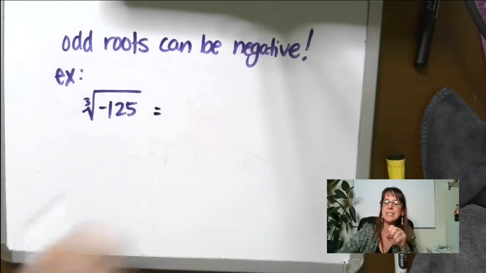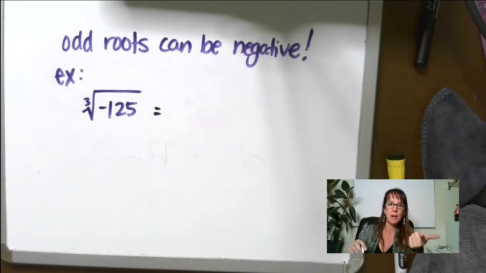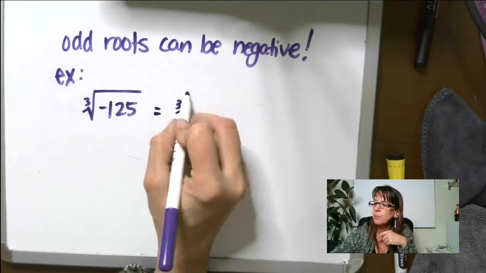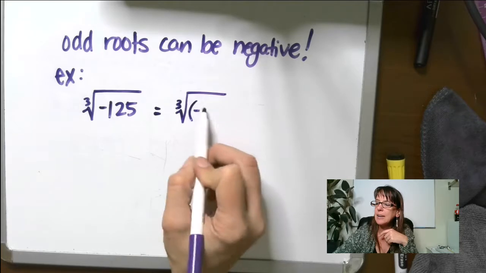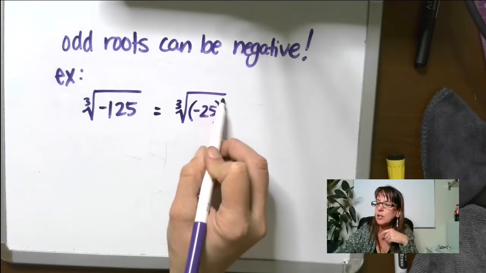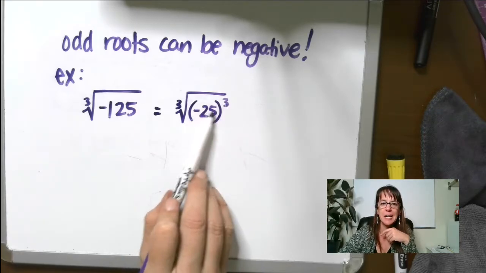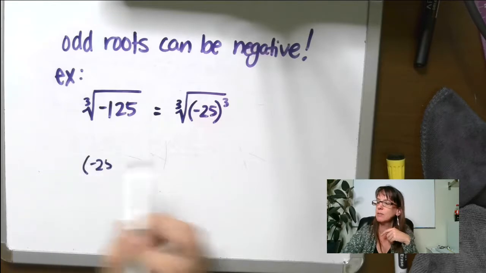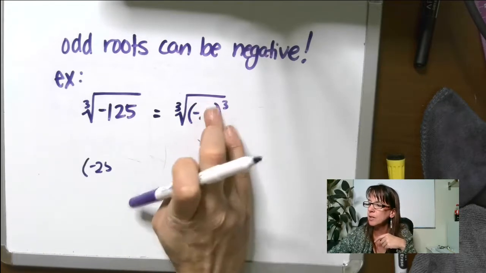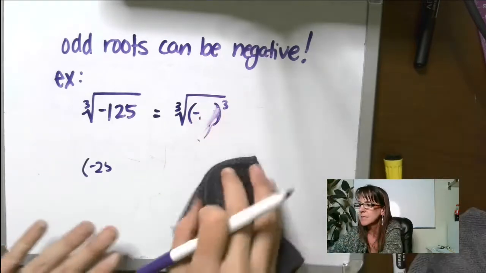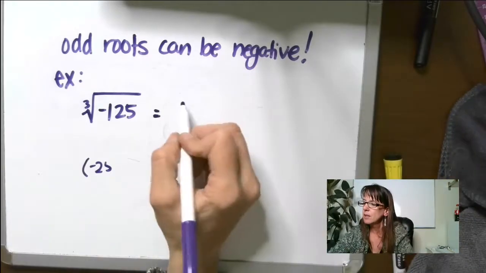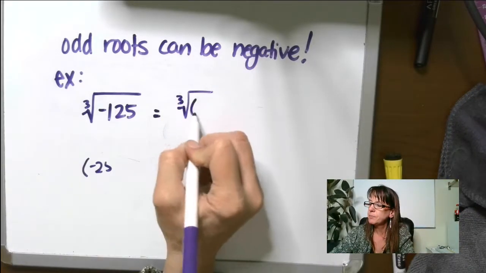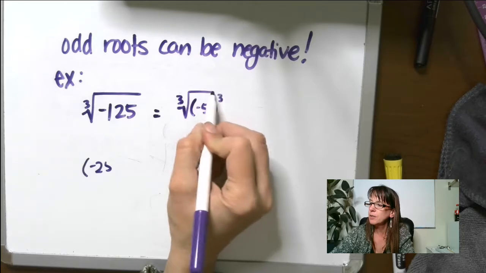Well, guys, it's an odd number. Negative times a negative is a positive, times a negative is a negative. So the cube root of negative 5 cubed. Let's do a little bit of side work here. Negative 5, guys, I'm so sorry. Let's pretend I didn't write that. All right, negative 5 cubed, right?